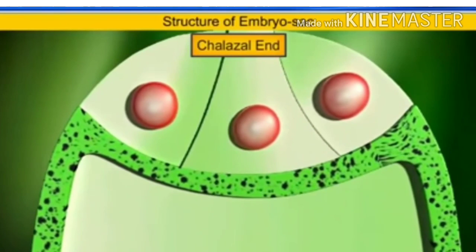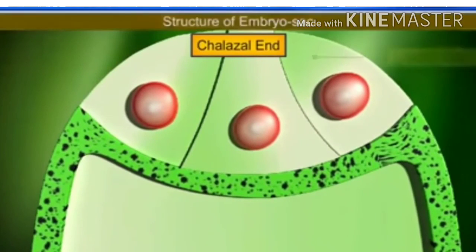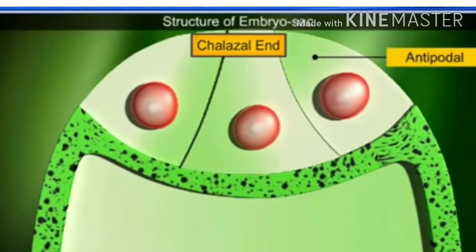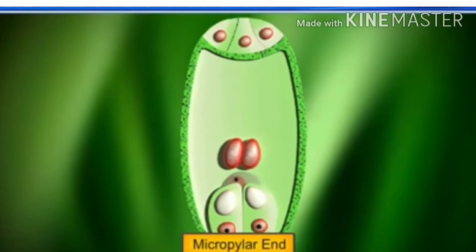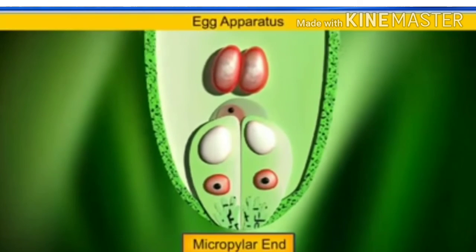Of the cells in the embryo sac, three cells are grouped at the micropylar end, which is called the egg apparatus. It consists of 2 synergids and 1 egg cell. Synergids have special thickenings at the micropylar end called the filiform apparatus, which plays an important role in directing the pollen tube. Three cells at the chalazal end are the antipodals.